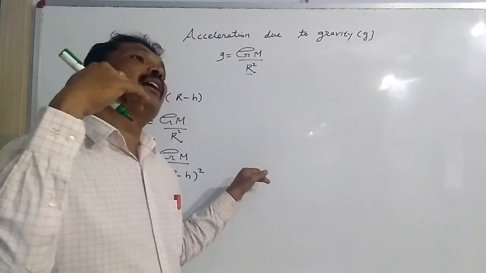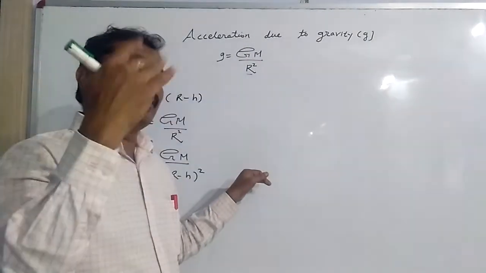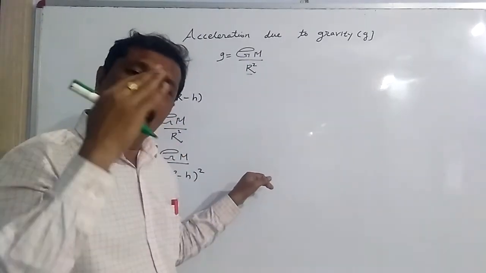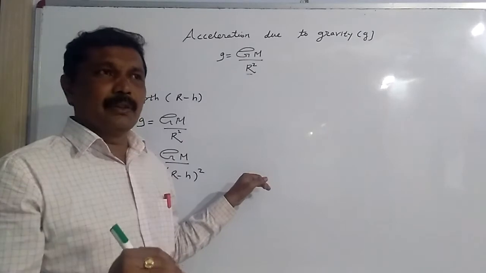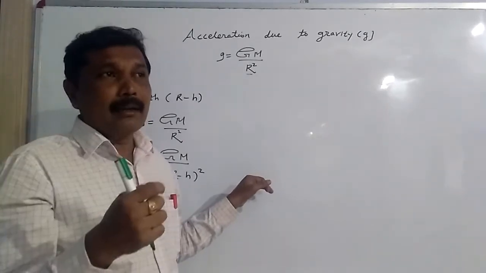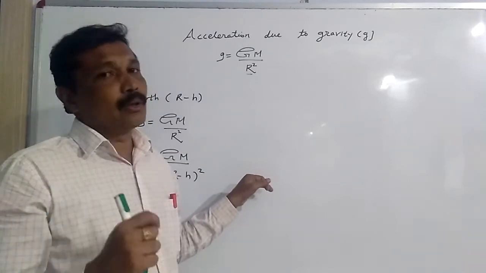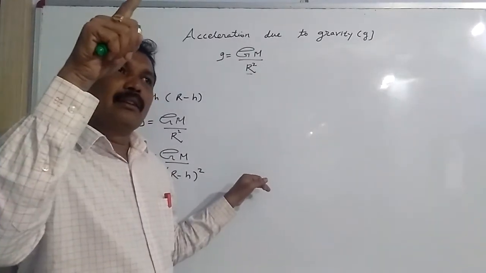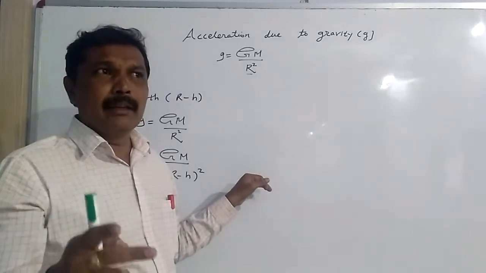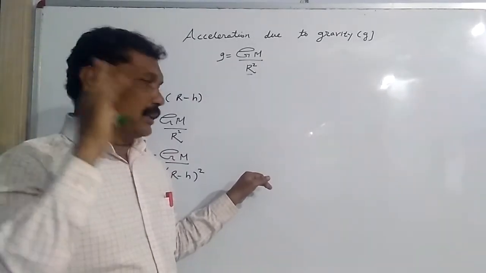Instead of increasing, the value of acceleration due to gravity goes on decreasing, because when the body is taken under the earth crust, the radius of the earth goes on decreasing. At the same time, the mass of the earth contributing to the acceleration due to gravity also goes on decreasing.